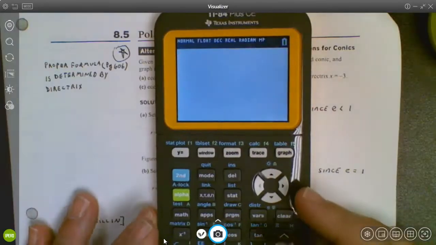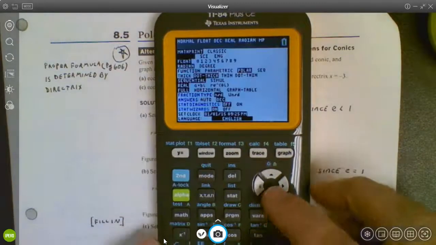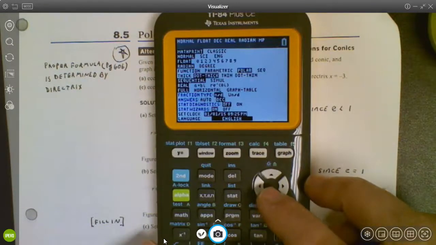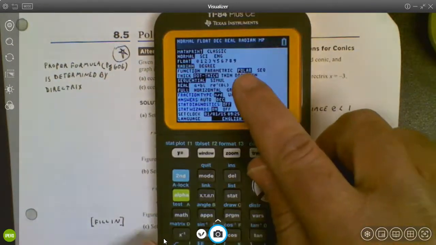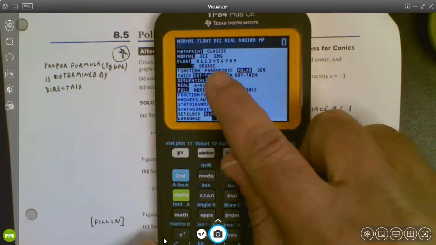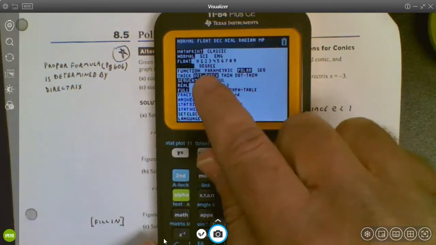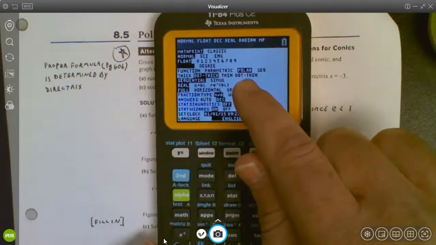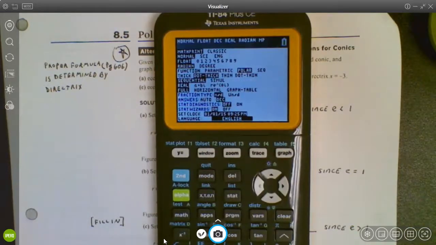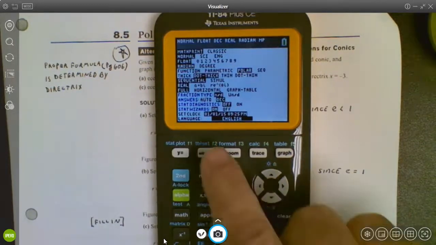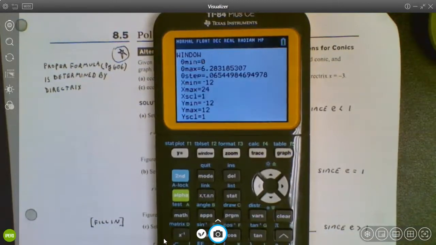So what I did was they say go into mode, and they said make sure you're in radians, make sure you're in polar form, and make sure you're in dot form. I don't know the difference between dot thick and dot thin. I'm sure this is just a thicker line, and that's a smaller, thinner line. So I just picked dot thick. So those were the three things they said to put your mode into. They said the window settings were supposed to look like this.